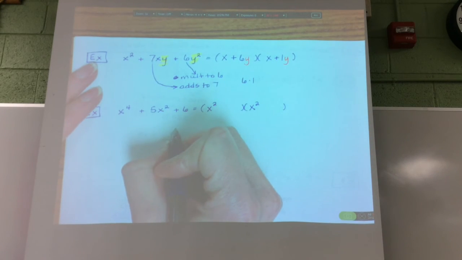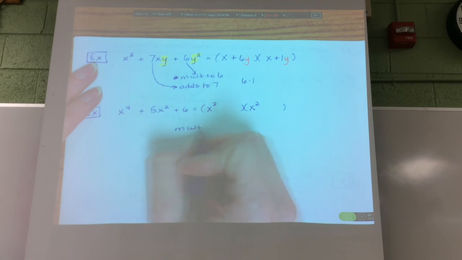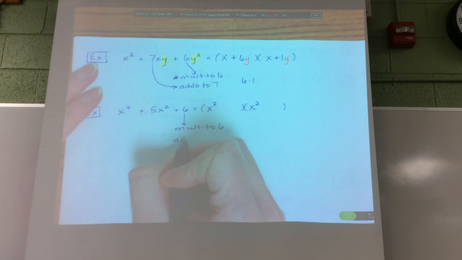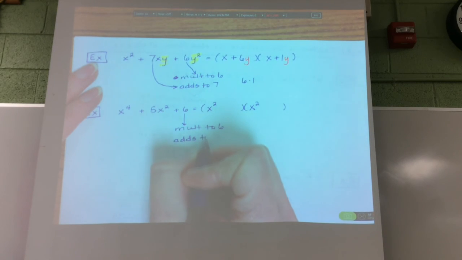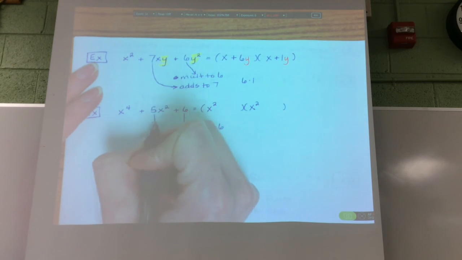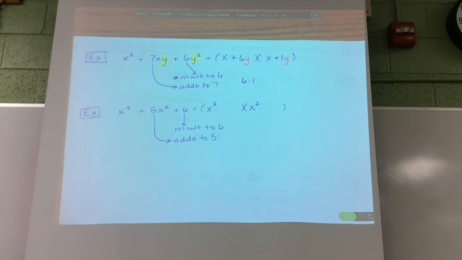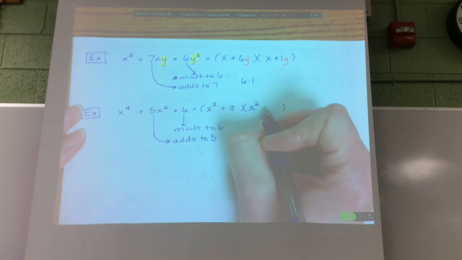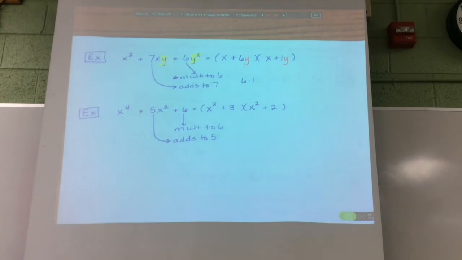We still need what multiplies to 6 and adds to 5. That's 3 and 2. So plus 3, plus 2, and you are done.